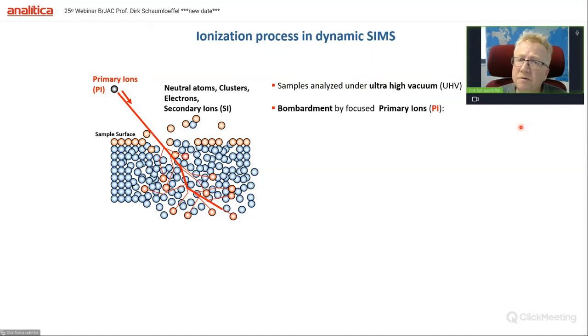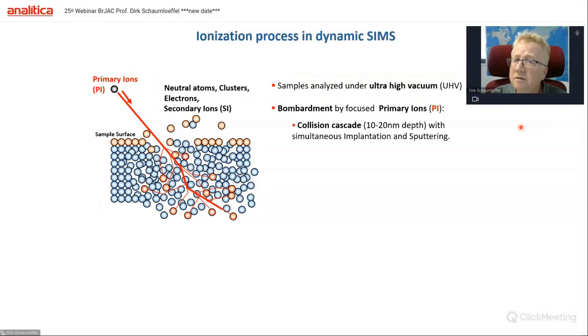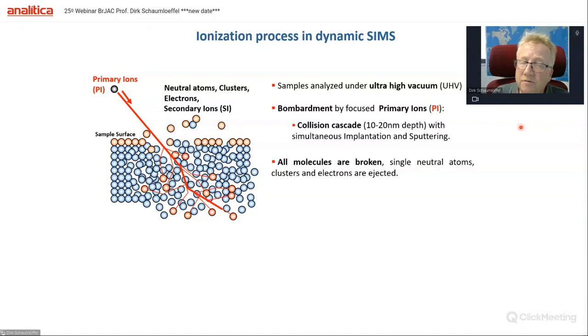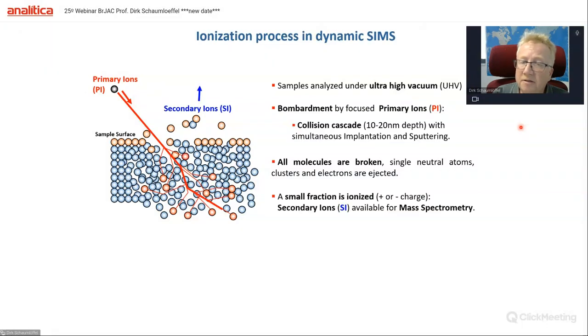And the bombardment is with focused primary ions. We have this collision cascade, and it goes 10 to 20 nanometers deep. So not only the topmost layer, it is going in depth in the material. All molecules are broken, so we have only single neutral atoms or clusters or electrons. A small fraction is ionized, and the secondary ions are available for mass spectrometry.